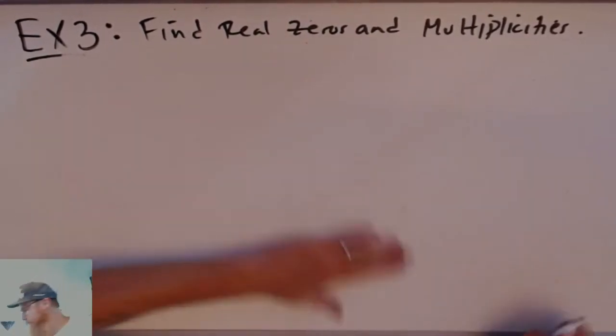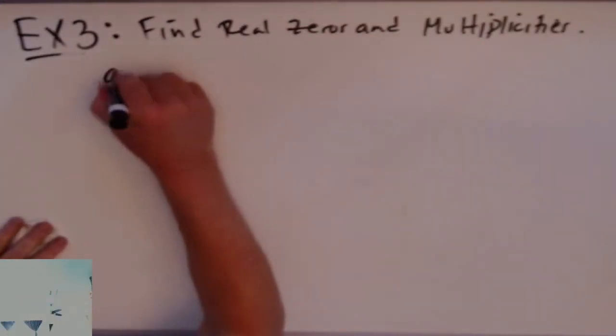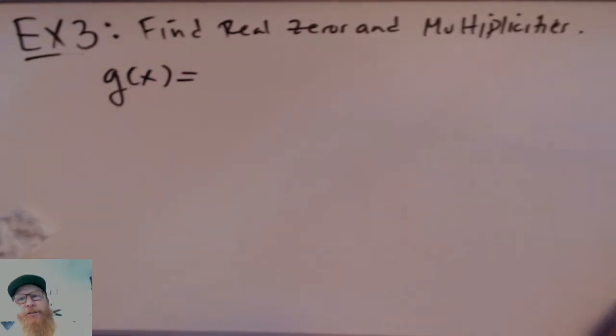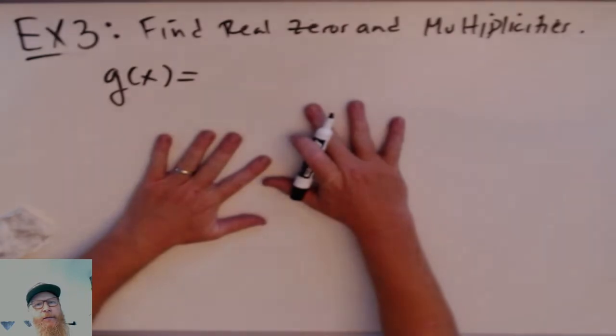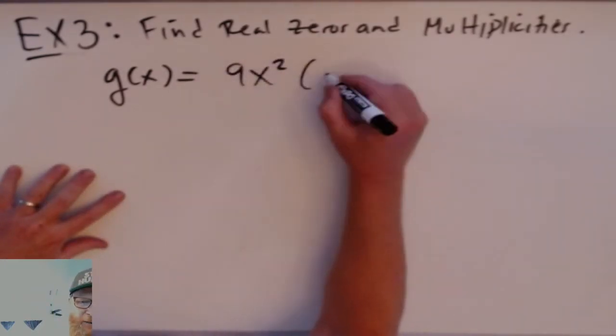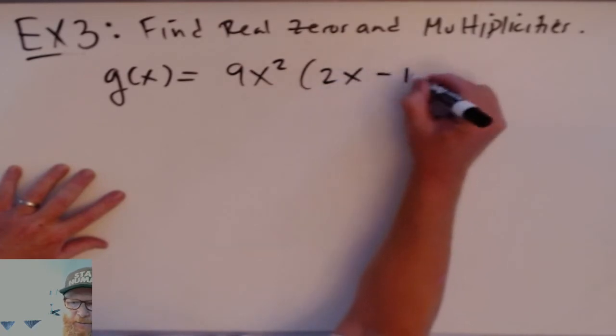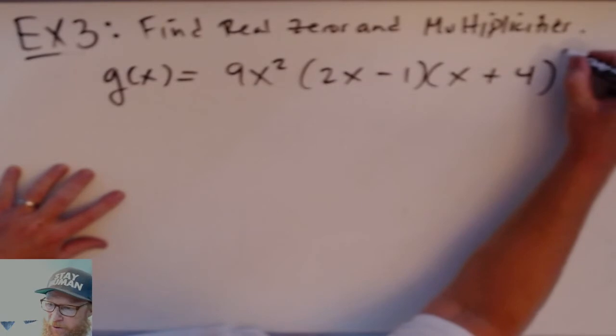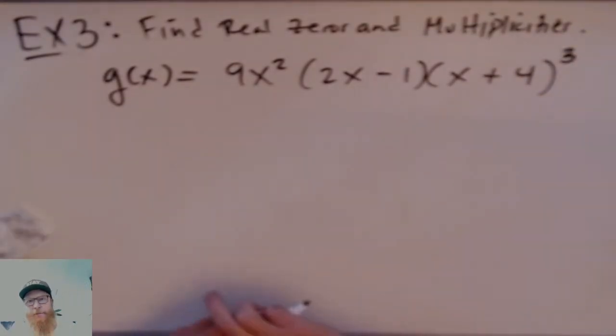Try another one. Sometimes we change the name of the function just for variety, but it doesn't change the process. So let's try 9x squared, 2x minus 1, x plus 4 cubed.